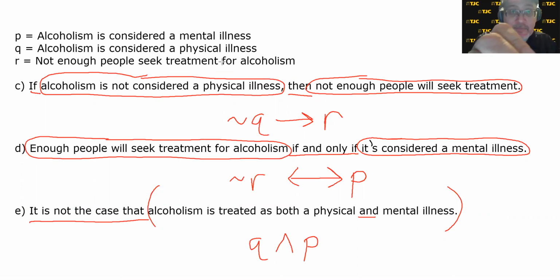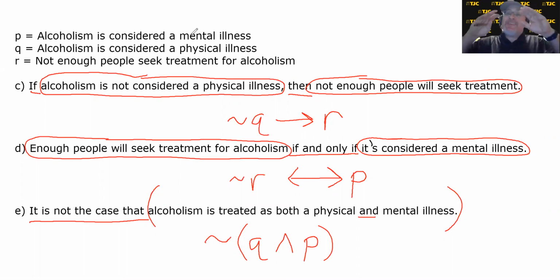Oops, forgot to put it back to drawing. If you see the phrase "it is not the case that," it will translate to a negation sign. And chances are the thing that follows that phrase will be a compound statement in its own right. So it's the negation of the entire compound statement, which you would put in parentheses.